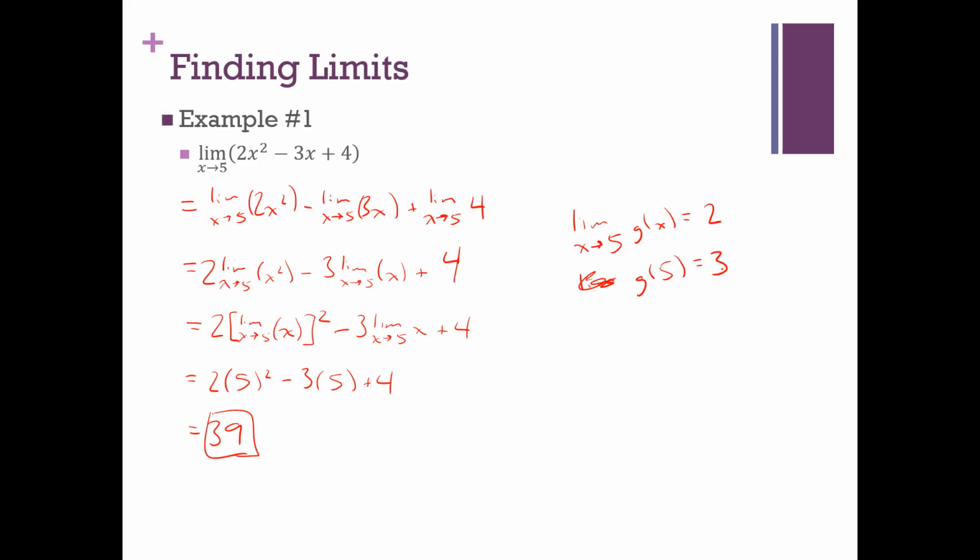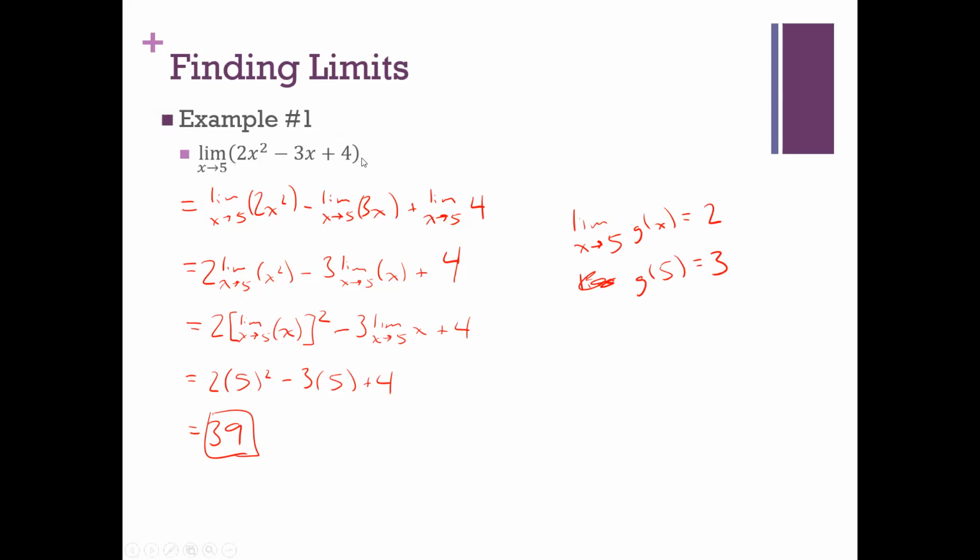I don't know how that function could have come about, or where it might come from, but that's totally possible. I could have a function that has a limit at that base point of 2, but it's not defined. The value of the function is not 2.